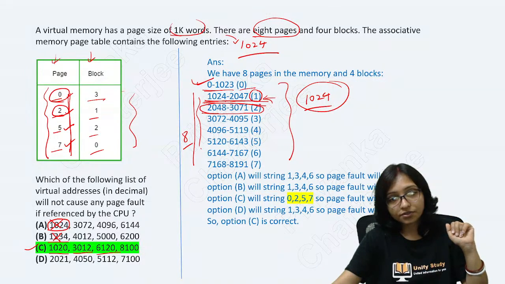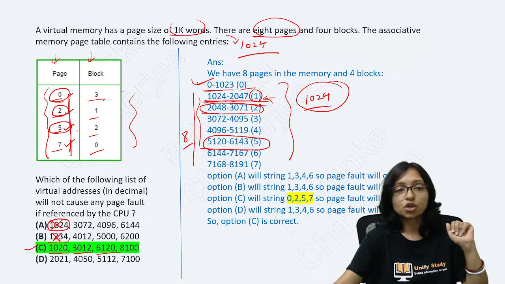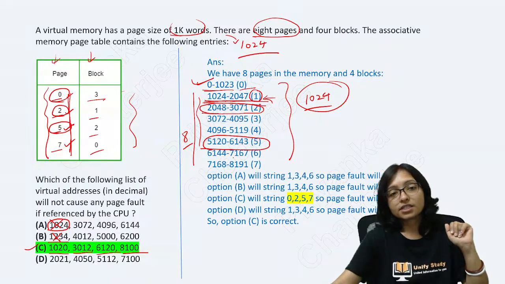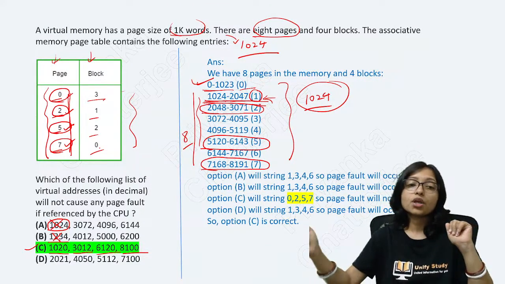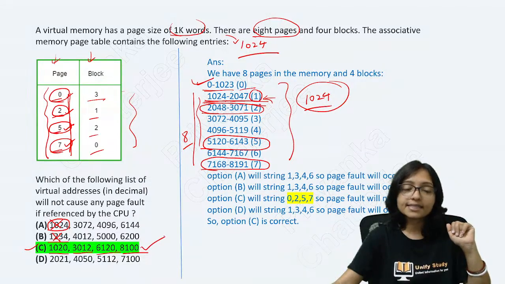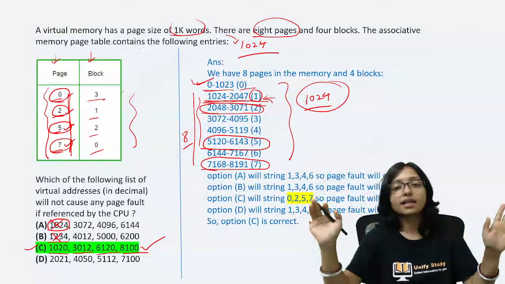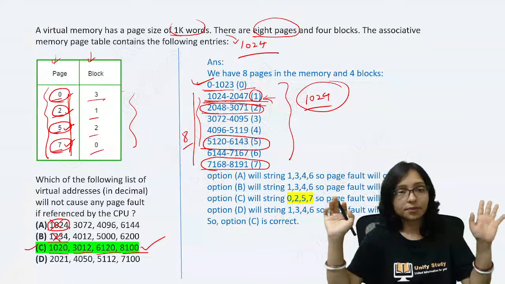That is page 5. It is in this range, so page number 5 is also available. 8100: in which range? 8100 is in page 7. Page number 7 is also available. So only in this sequence is there no page fault. In all other sequences, there will be a page fault.